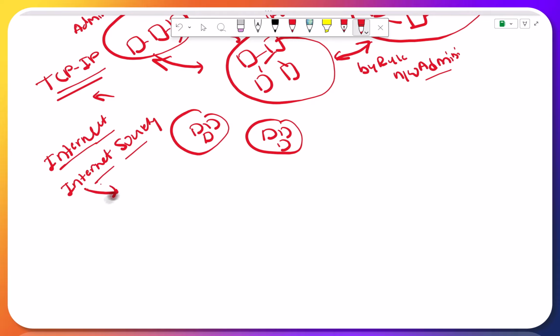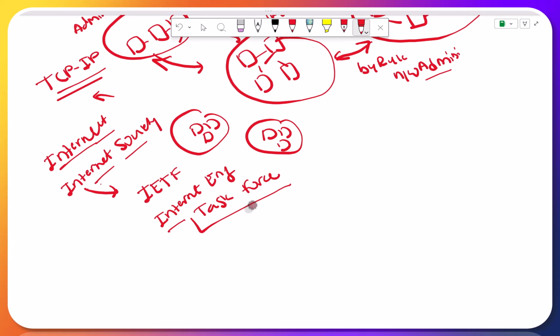This agency has a task force or a subdivision called IETF. So this is the Internet Engineering Task Force. They are the ones who define the standards for the internet.